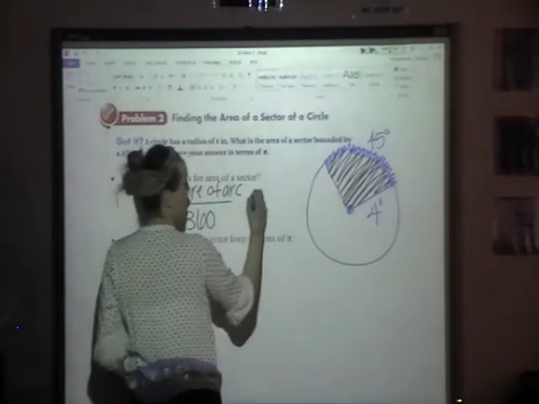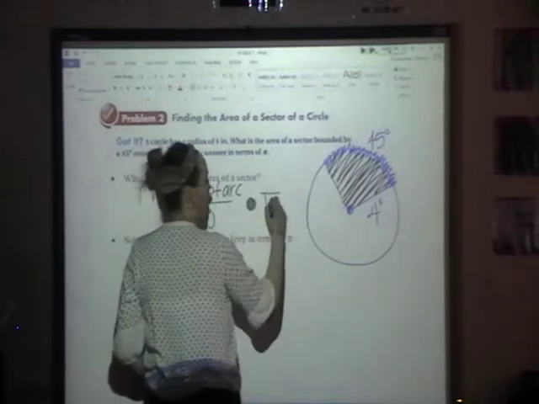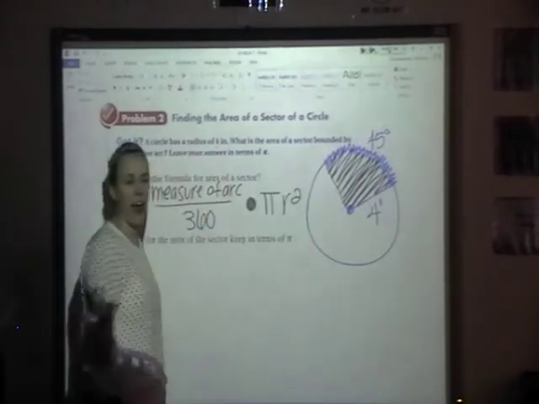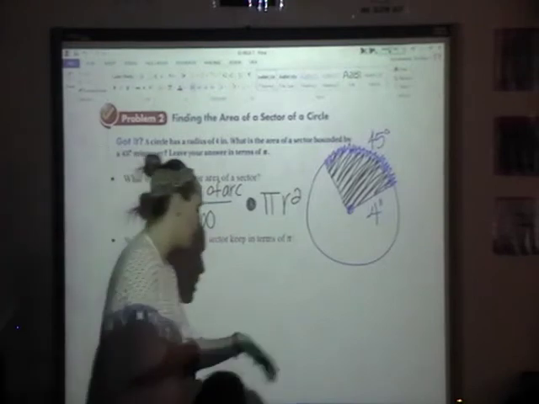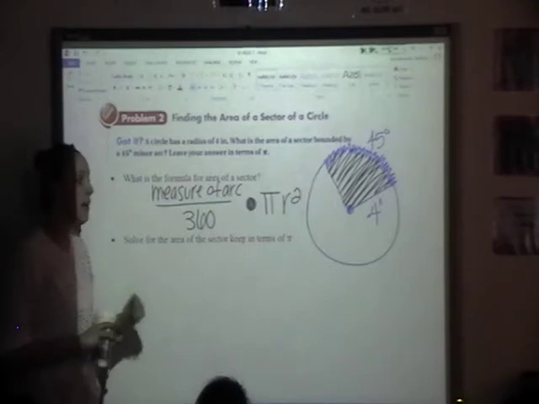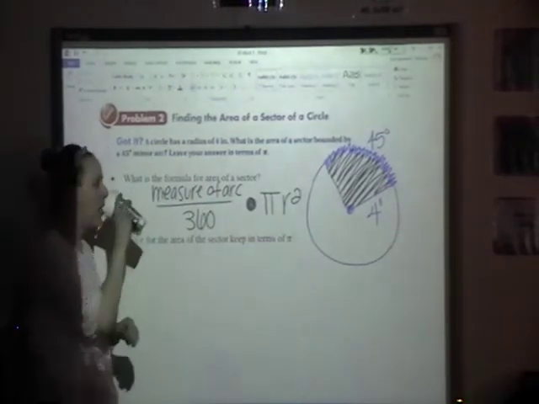Then times pi r squared. Did you say pi? Yeah. It sounded like you said times r squared, so I just wanted to clarify that. So yes, you're going to take the measure of your arc divided by 360, then multiply by the area formula, pi r squared.